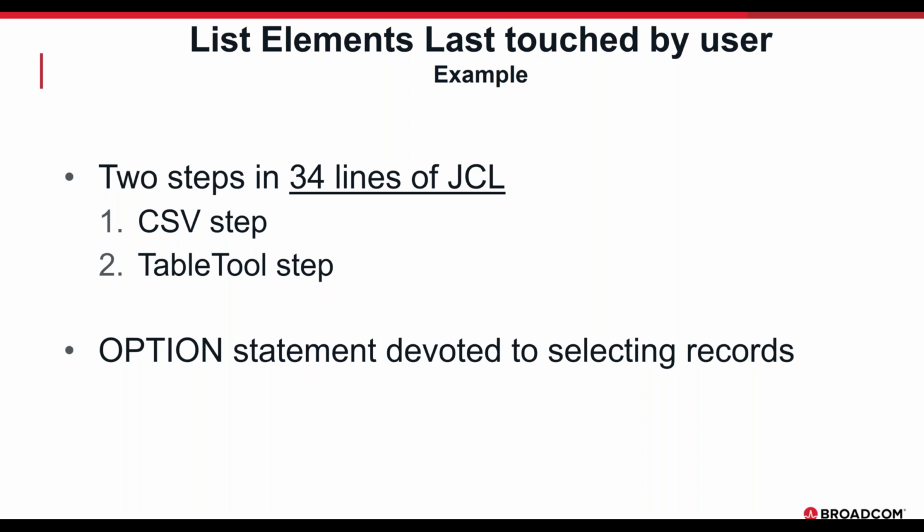And then there's a table tool step. Now we mentioned the options that are available and can be included or excluded. The options are executed by the table tool step once before the first record of the table is open, and then again after each record is read. So let's show you a little bit more about this.